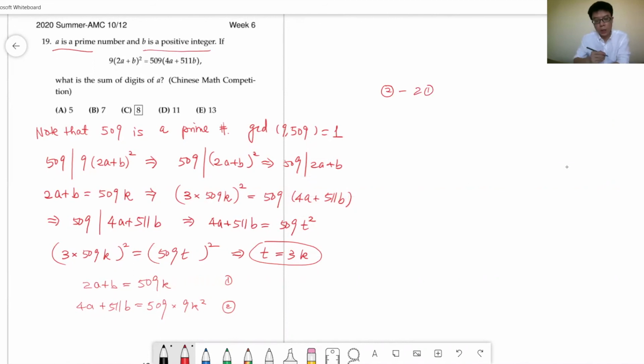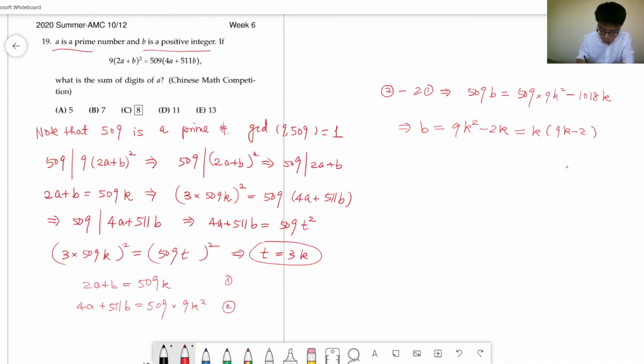So we can cancel a, and 511 minus 2 is exactly 509. So we get the following: left hand side is 509b, the right hand side is 509 times 9k squared minus twice 509k. So from here we can cancel 509 to solve b equals 9k squared minus 2k, which is k times (9k minus 2). So this is the expression of b in terms of k.